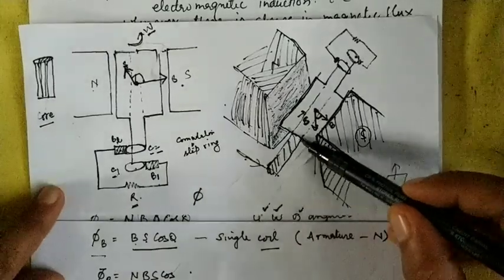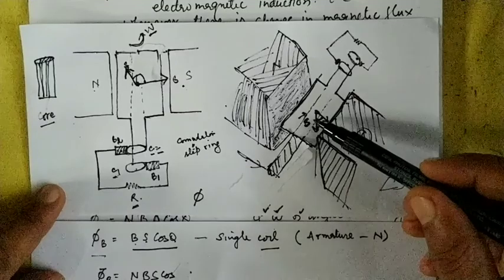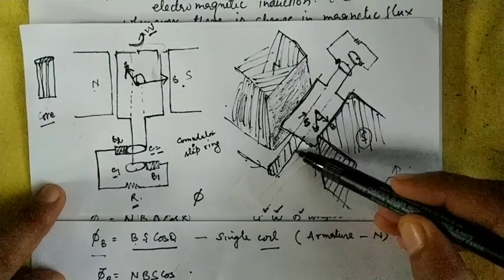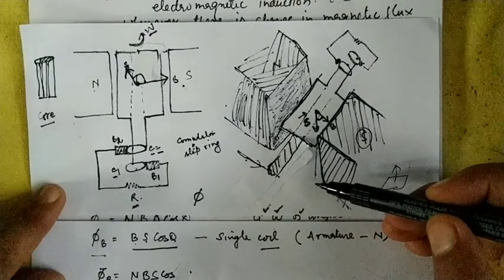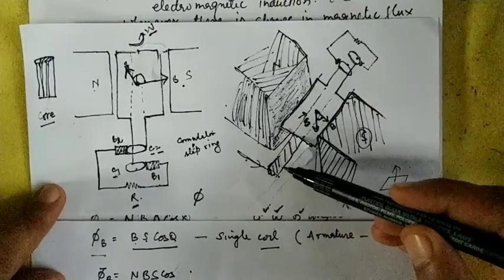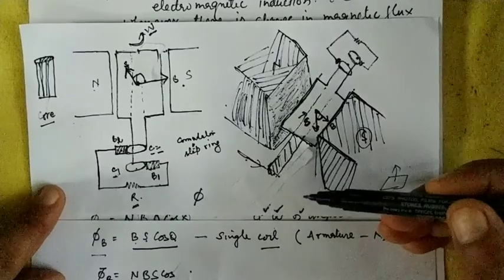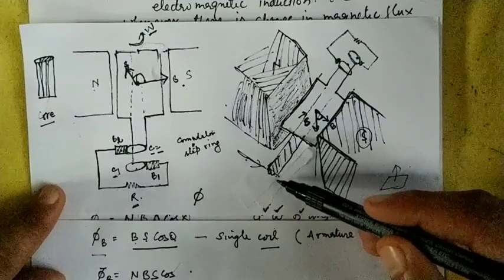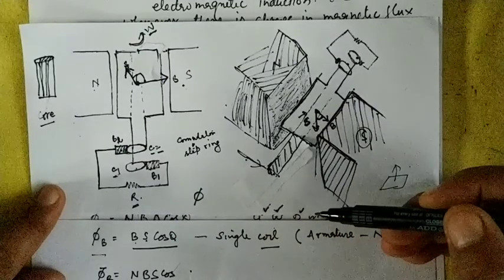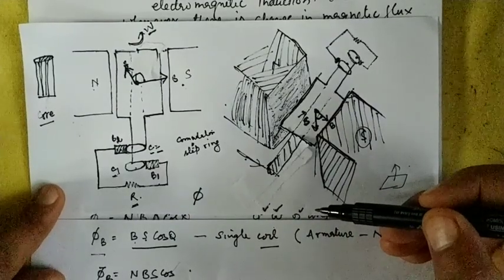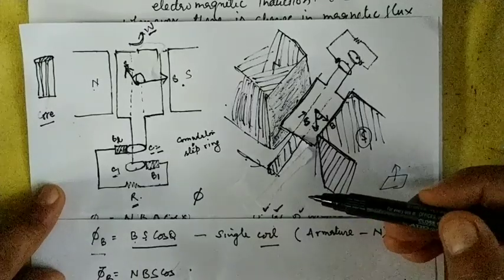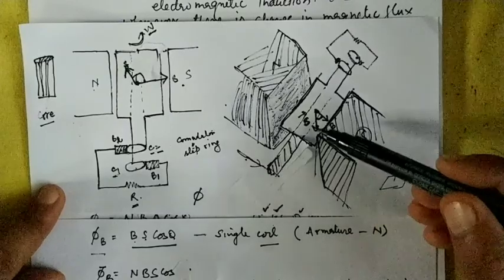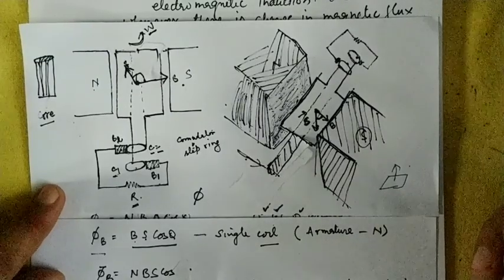This rod attached to the armature is known as an axle. The axle is rotated by different means. In a hydropower station, high speed water is used to rotate the axle, and in a thermal power station, high pressure steam is used. As the axle rotates, the armature also rotates.